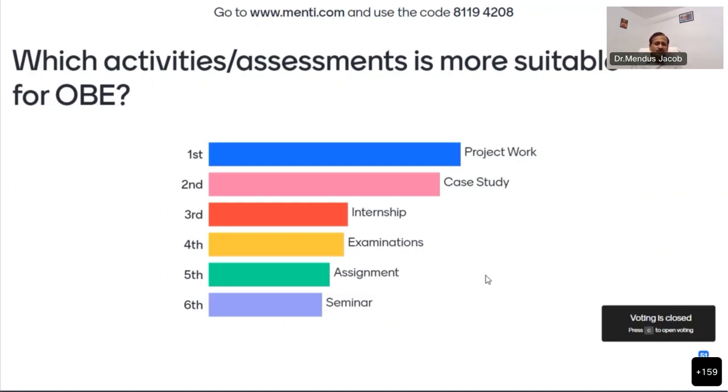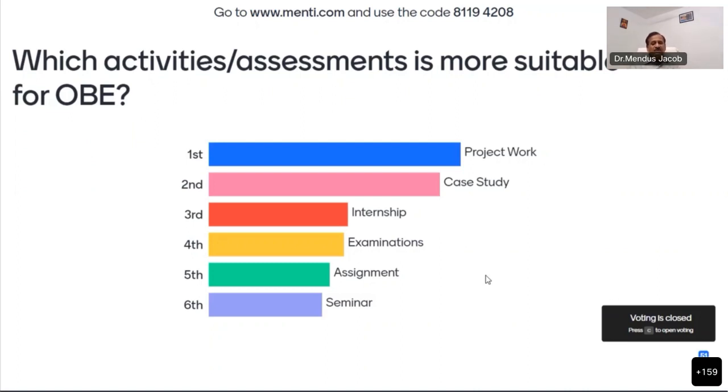Now, if you consider assignment, or suppose a seminar, I don't know why seminar comes in the last position, because if you are giving a seminar, definitely the student has to understand the topic, then he has to present it. When presenting the topic, he should study thoroughly.